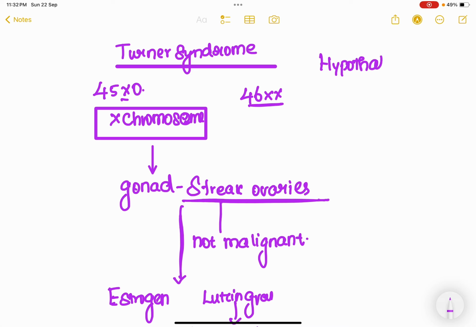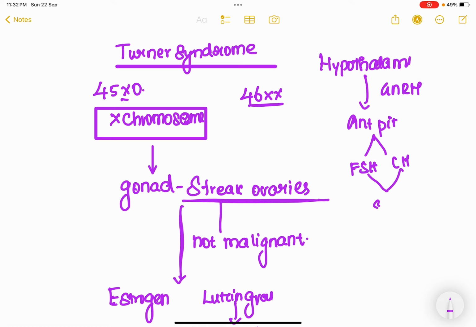There is no problem in the hypothalamus, so GnRH gets released. This GnRH acts upon the anterior pituitary, and therefore LH and FSH get released. This LH and FSH act upon the streak ovaries. Since they act upon the underdeveloped ovaries, the granulosa cells produce decreased estrogen.